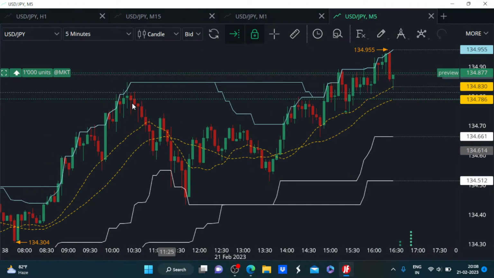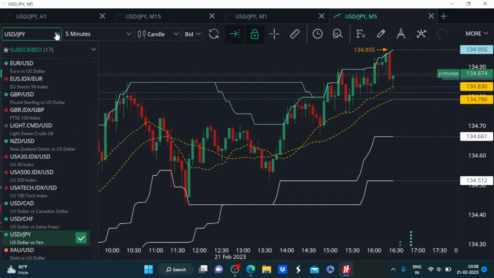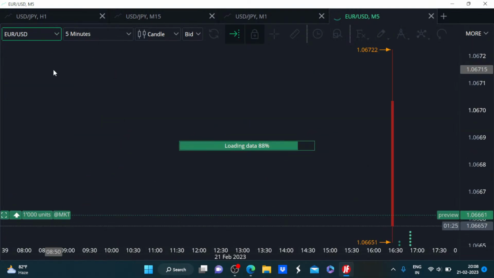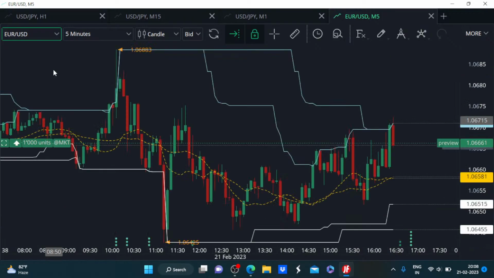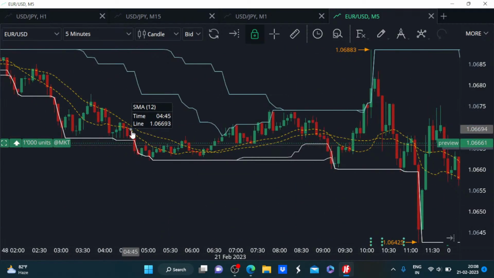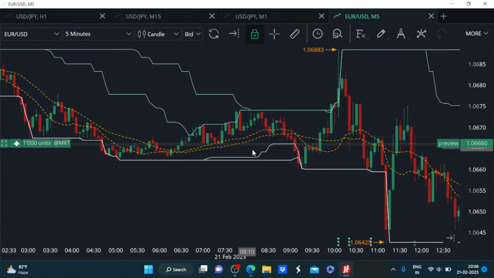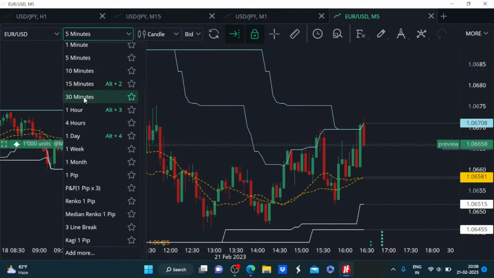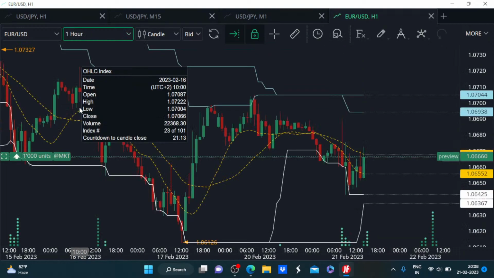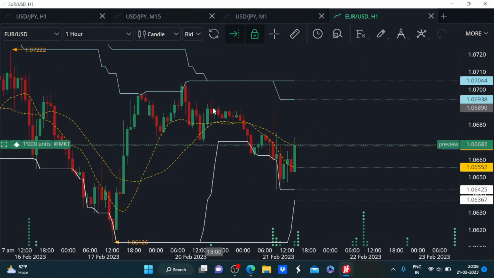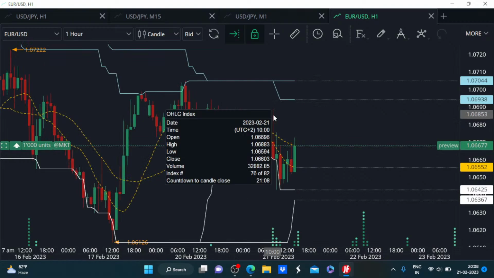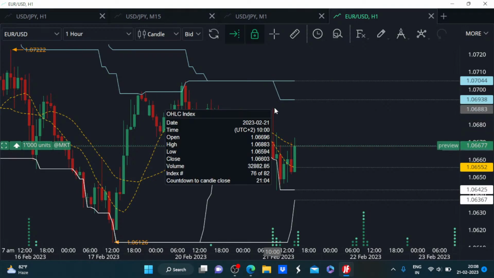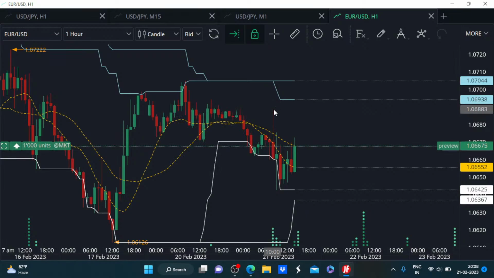So let us now look at the correlational aspect and figure out the relative strengths and weaknesses of these major currencies. If we look at the Euro USD, it has been going sideways with the bias on the bearish side. If we look at the larger time frame charting of the Euro USD, it has been correcting in today's trading session. In the European trading session, we saw this spike towards the 1.07 mark, but it wasn't sustained.